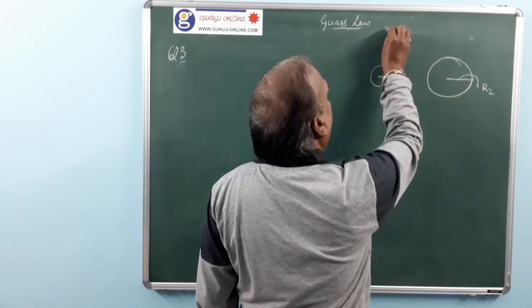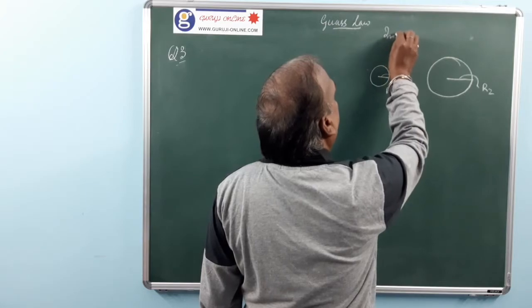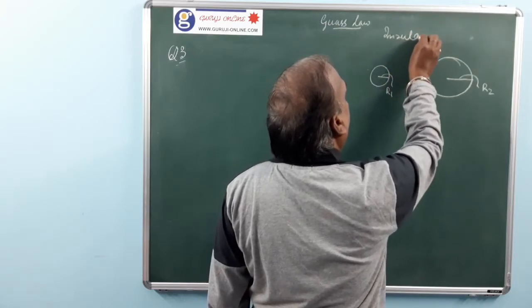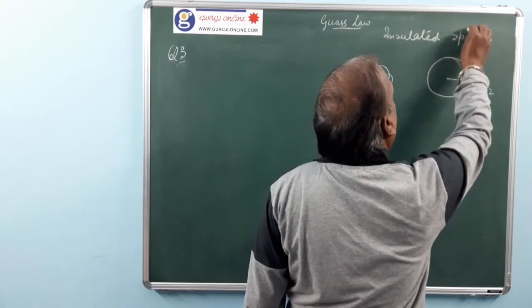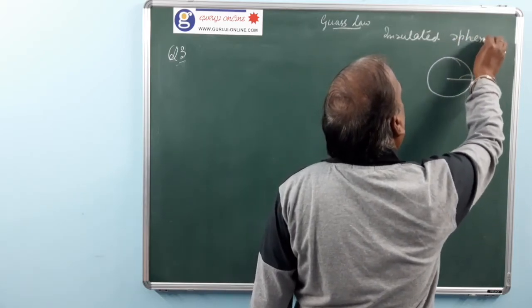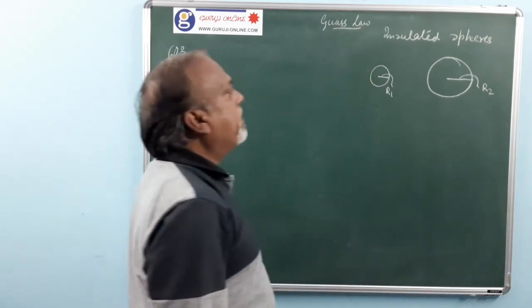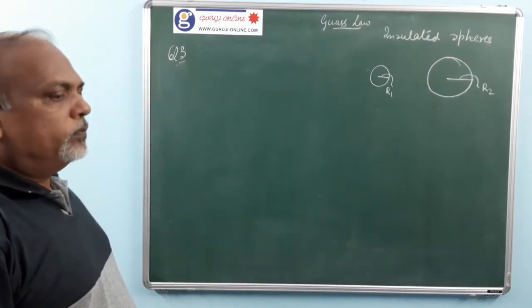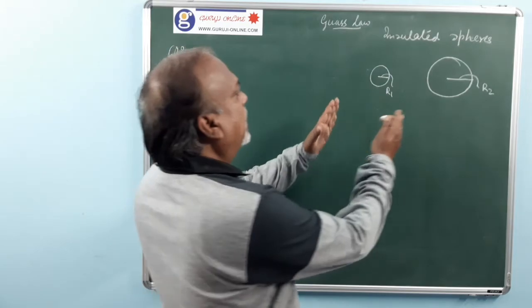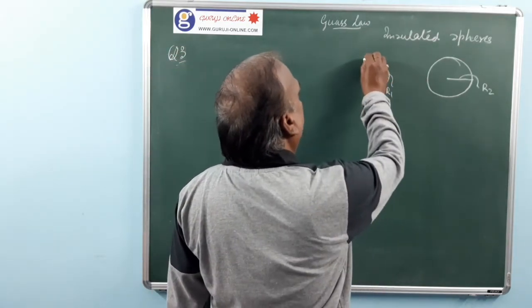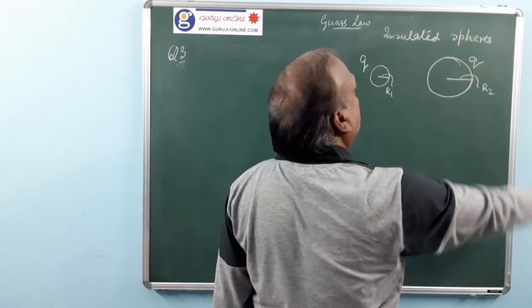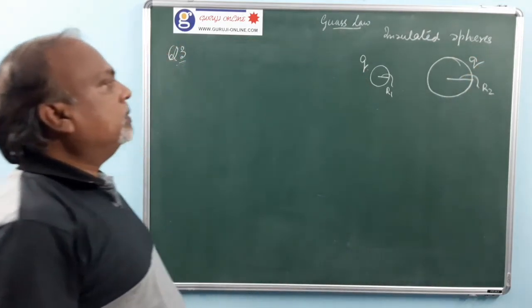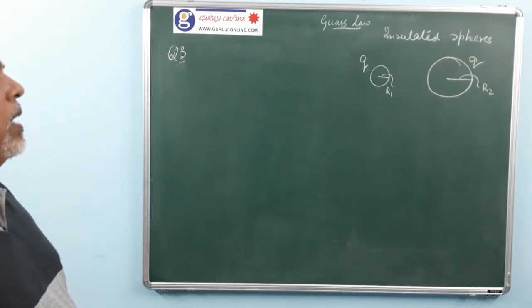These are insulated spheres. Correct? Well, they are basically at a large distance and both are having the same charge. Correct?